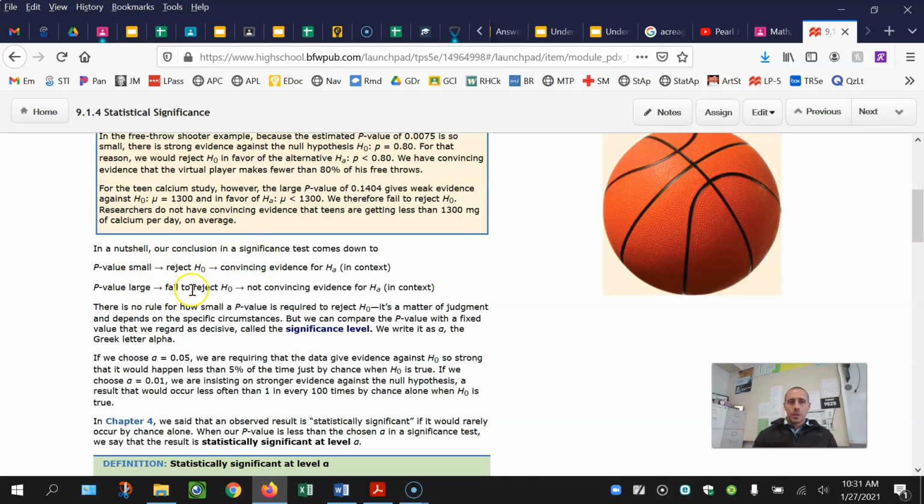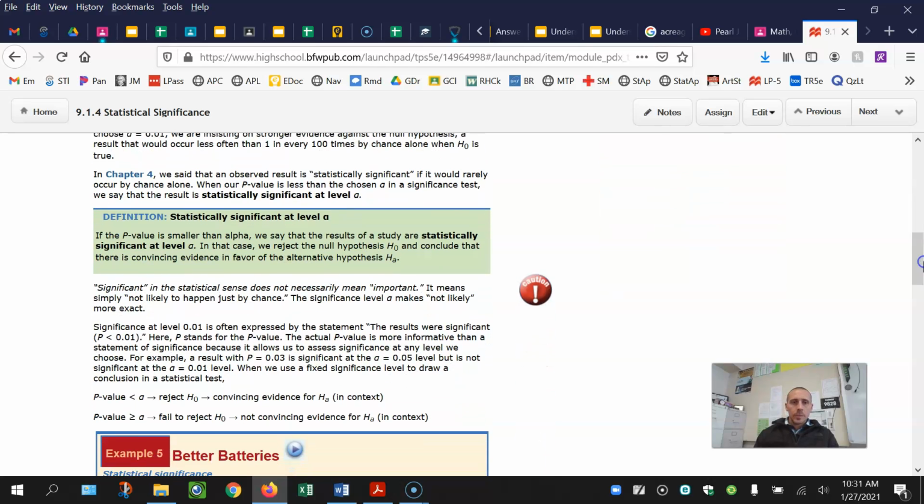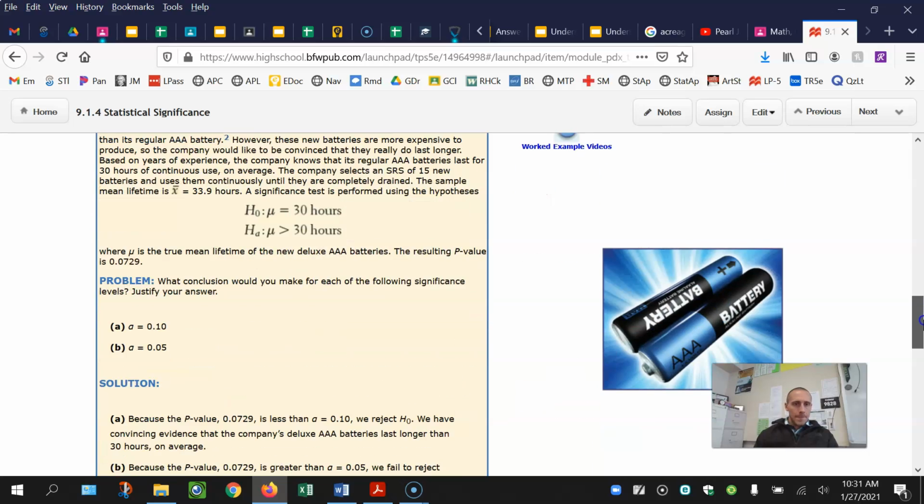If the p-value is greater than 5%, we run through this scenario. The significance level is typically 0.05. Sometimes it can be 0.01 or 0.1. So if we say the results are statistically significant at some significance level, alpha, that just means the p-value is below the alpha level, and we have convincing evidence for the alternative hypothesis.